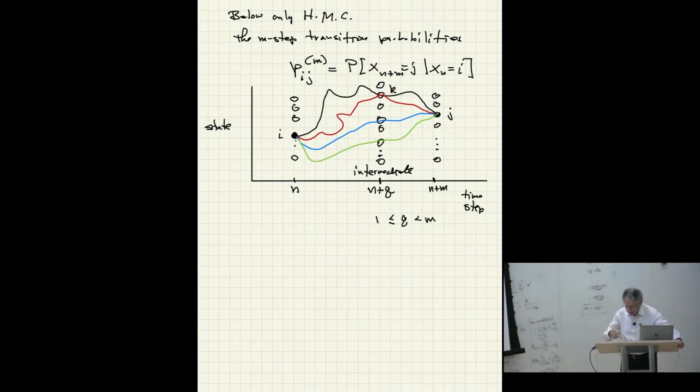So let me write that down as an equation now. If I'm going to go from i to j in m steps, it'll be the sum over all intermediate states, which I'm going to call k, of going from i to k in q steps, and the rest of the steps, m minus q, from k to j.